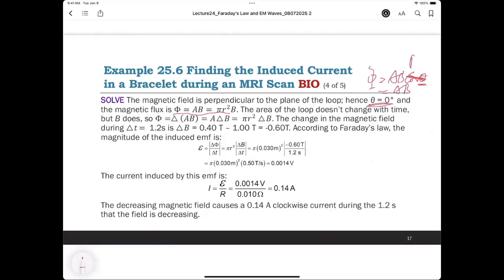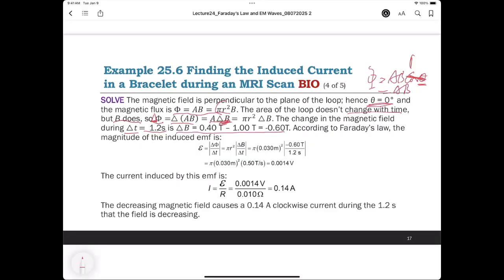The area of the loop doesn't change with time, but B does, because we know the magnetic field decreases. So the magnetic flux change equals A times the magnetic field change, and the change in the magnetic field during delta t equal 1.2 seconds is this one.